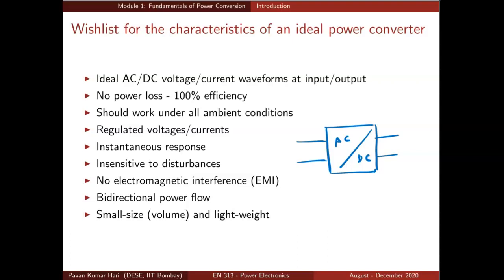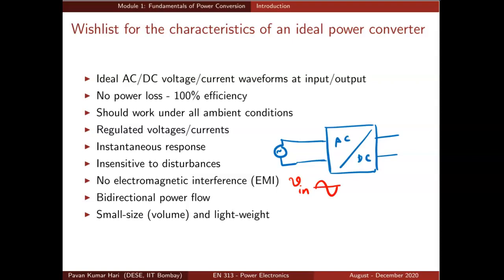And the input voltage is usually sinusoidal because that is what we get from the utility or grid. So V in is sinusoidal.